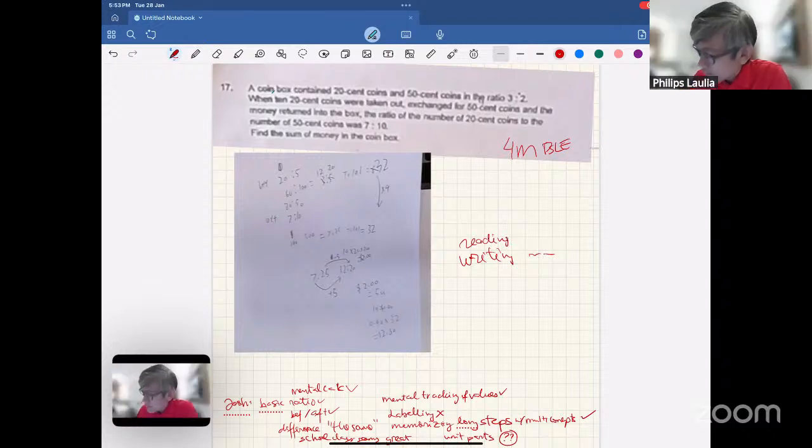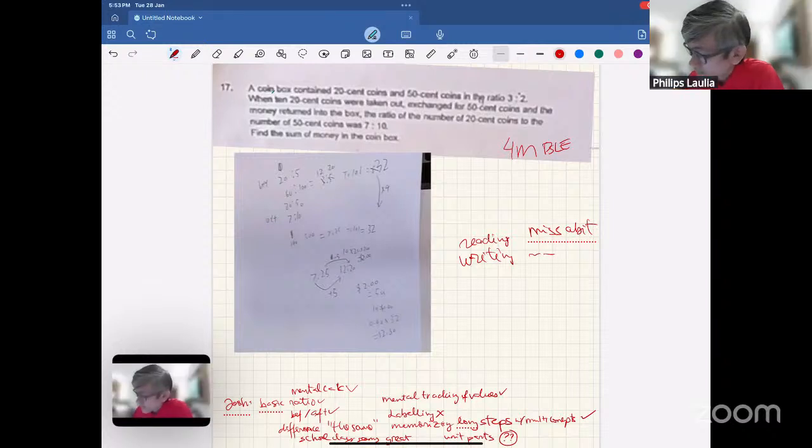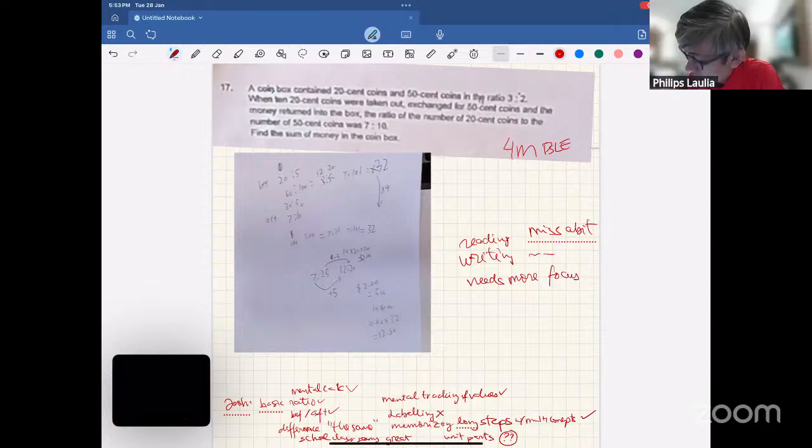When he copies, if you ask him to copy a passage, he will miss out some words, partially because it's writing. So it's taking a lot of mental resources from him, to focus more. But in math, you would see he missed out an important clue in the question, or when he transfers his answers, there'll be mistakes.